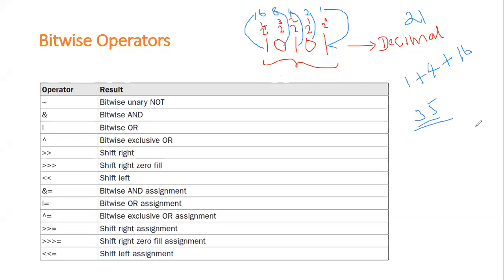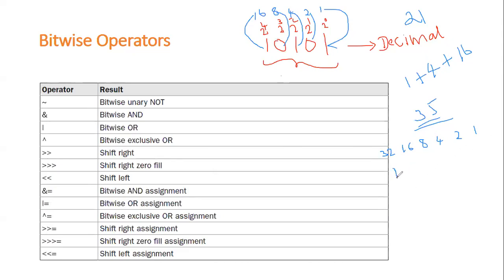It's quite simple. Let me write 1, 2, 4, 8, 16, 32. That's how we reach 35.